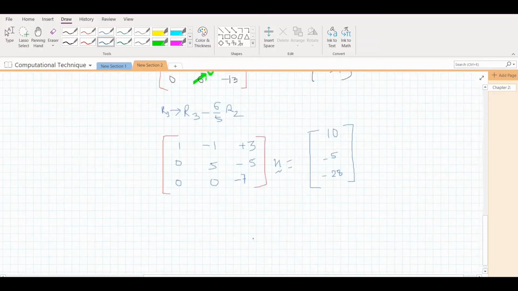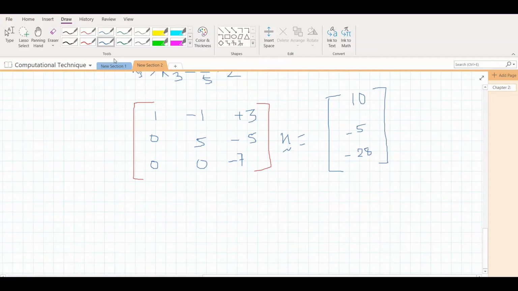Now you have your equation. Now you want to solve it. So here we can write minus 7. So this is x1, x2, x3. So we can write minus 7x3 equals minus 28. Therefore x3 equals 4.